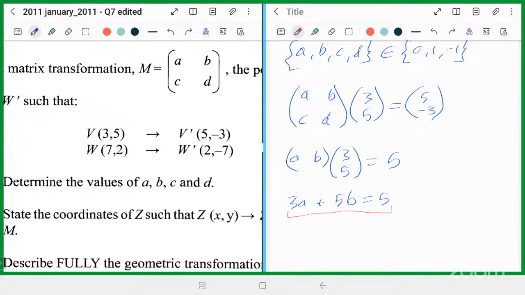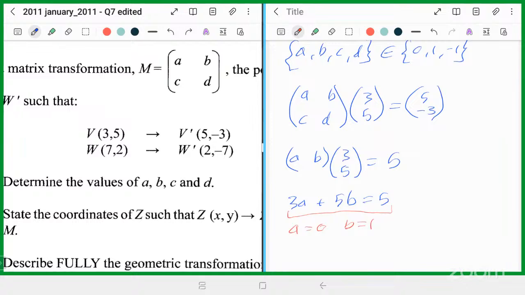Yes, you can see that if the A is 0, then the B becomes 1. Look, if you put B equals 0, you're going to have 3A equal 5, and the A is not going to be 1 or -1. You see that? So you choose them that way. It's simple. We're not going to complicate it. So the A is 0, and the B becomes 1. Simple as that.